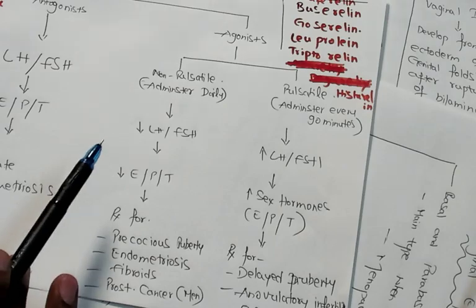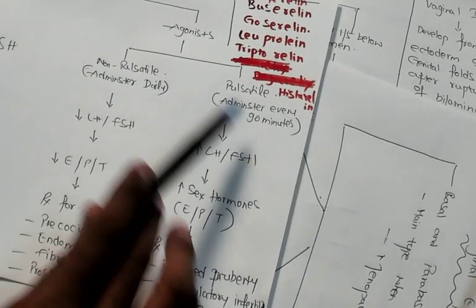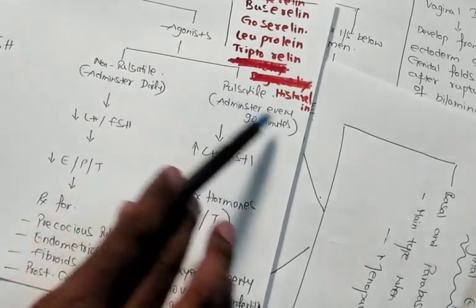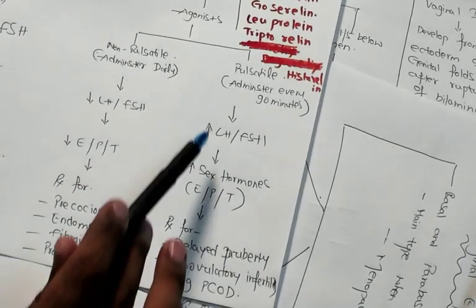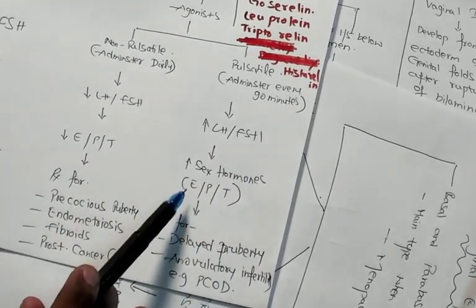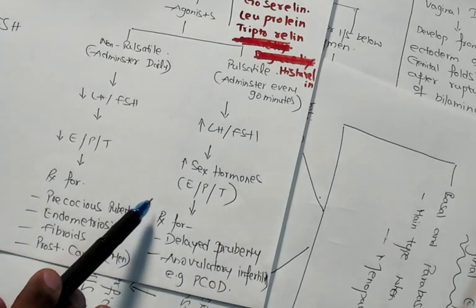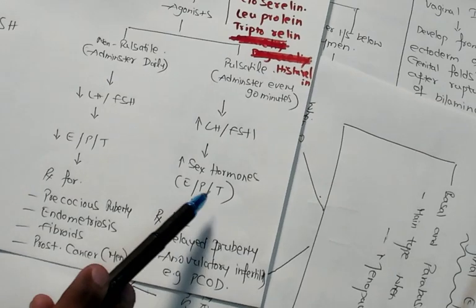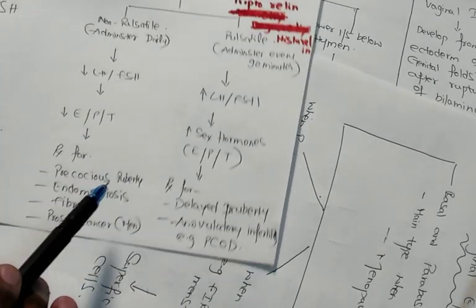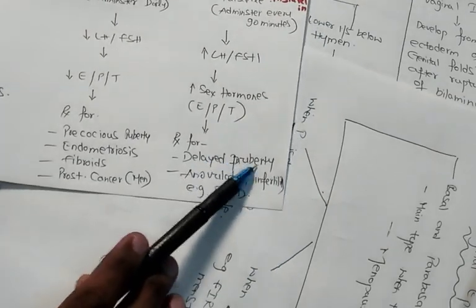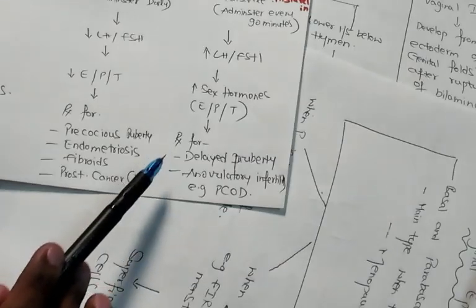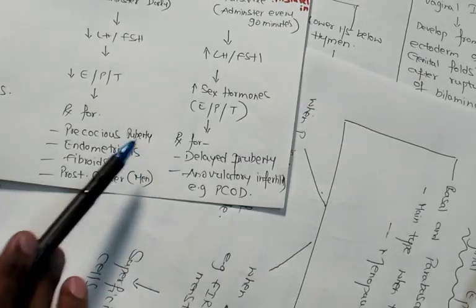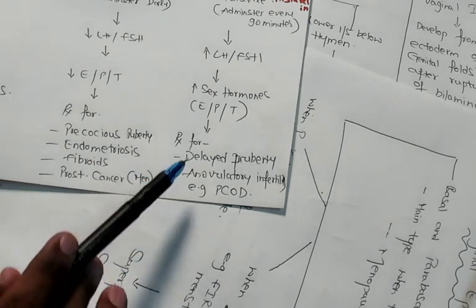Got it? Now, if you give pulsatile, administered every 90 minutes, you are increasing LH, FSH, you are increasing sex hormone production, you are stimulating the production of estrogen, progesterone, testosterone. Where do you want it? If there is a delayed puberty, I want estrogen, I want to induce puberty.